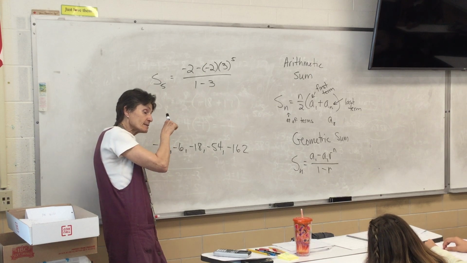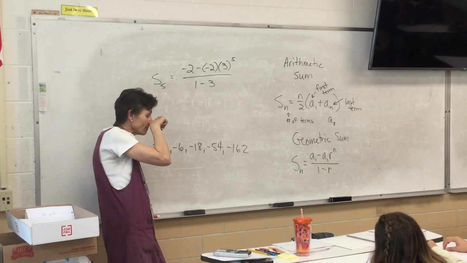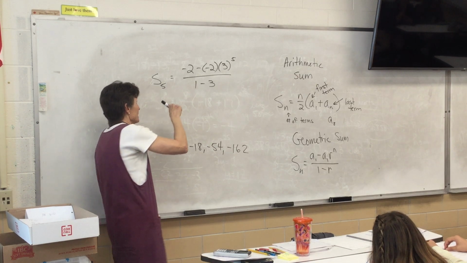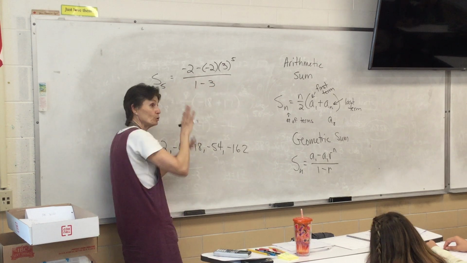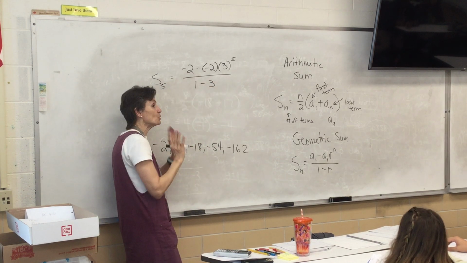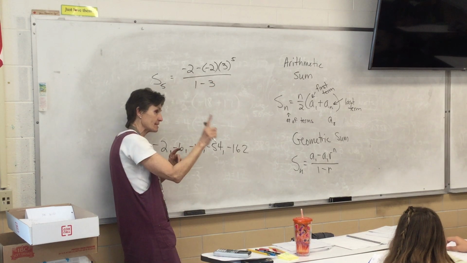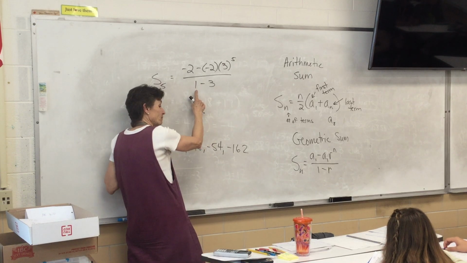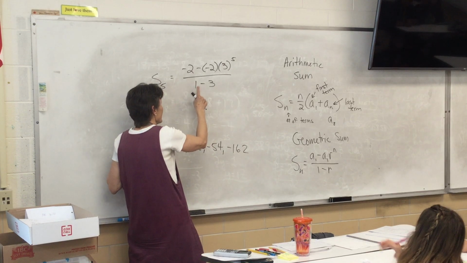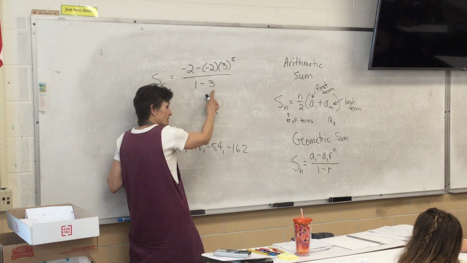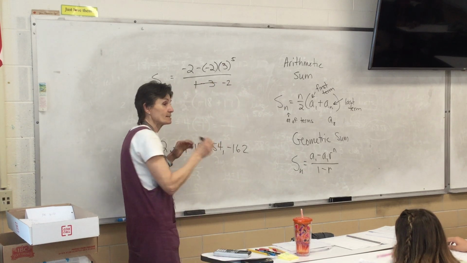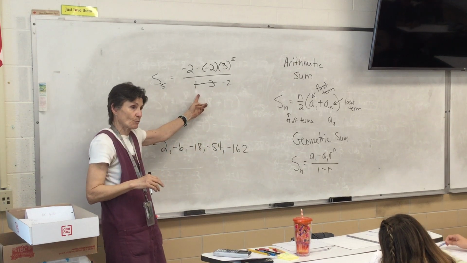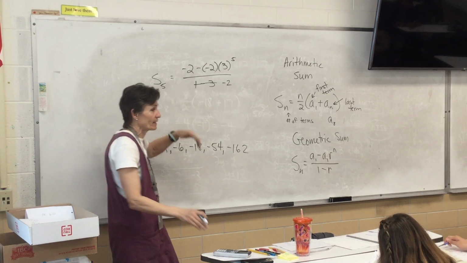Now, these can be kind of hard to type in. If you type it exactly the way I wrote it, including all the parentheses, you will get the right answer. Except, before I typed it in, I would go ahead and say 1 minus 3 is -2. Because otherwise, you're gonna need parentheses around the bottom too, and kids always forget those.